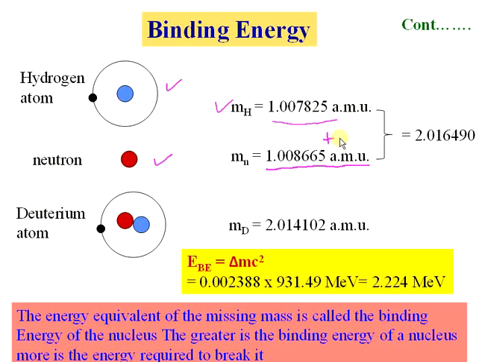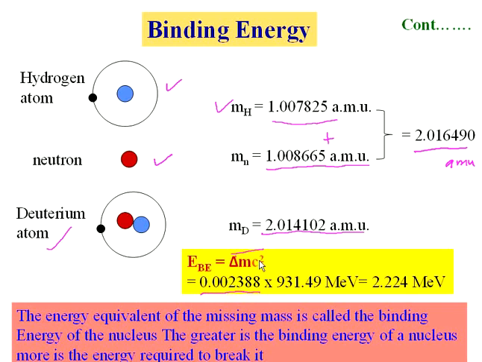If we add these two, one proton and one neutron mass, we get 2.016490 atomic mass unit. And in general the deuterium mass is equal to 2.014102 AMU.